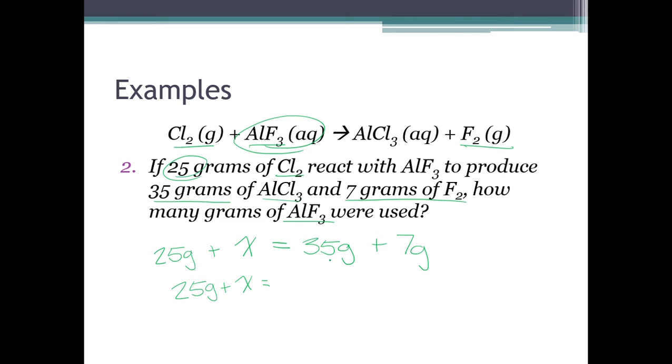We know that we ended up with 35 plus 7 is 42 grams of product. When this was all said and done, when we massed out all of our products, we had 42 grams. It means we had to start with 42 grams. So the amount of aluminum fluoride we started with must be 42 minus 25, so X is equal to 17 grams of aluminum fluoride.